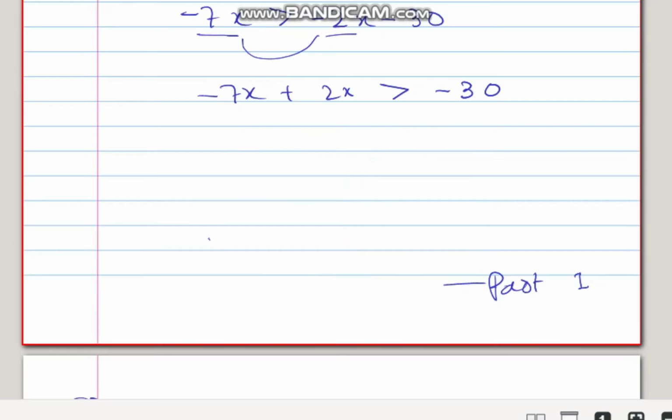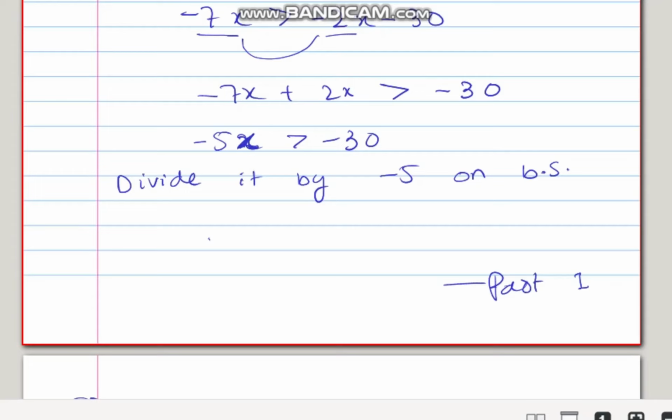The question we have is minus 5x greater than minus 30. Now, please just divide it by minus 5 on both sides. This will also diminish minus on both sides and also 5, and we will get the x in separate form.